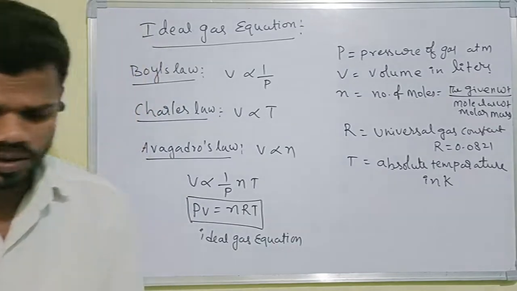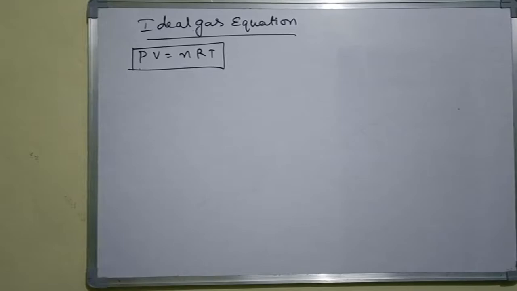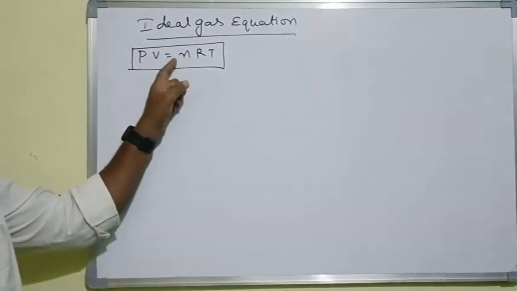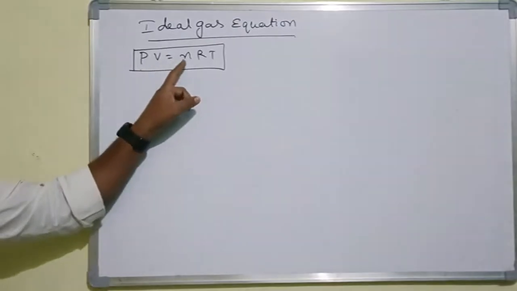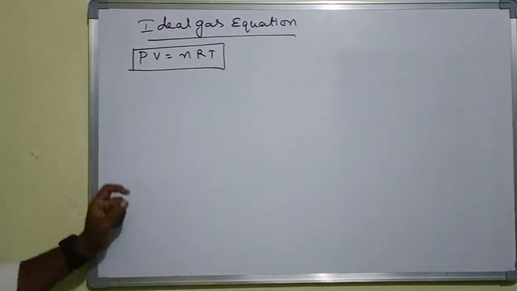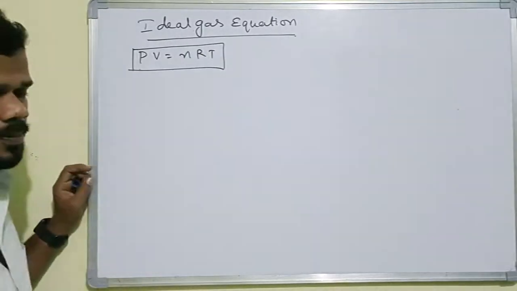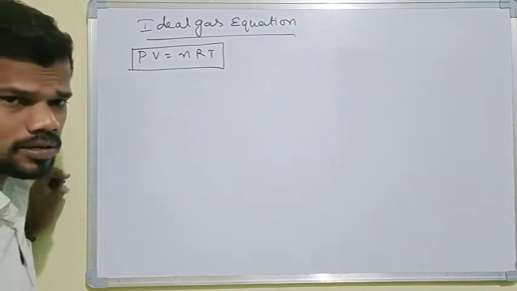Now we can observe. The ideal gas equation is PV equals nRT, where P is pressure, V is volume of gas, n is the number of moles, R is the universal gas constant, and T is the absolute temperature. We can derive the different R values.